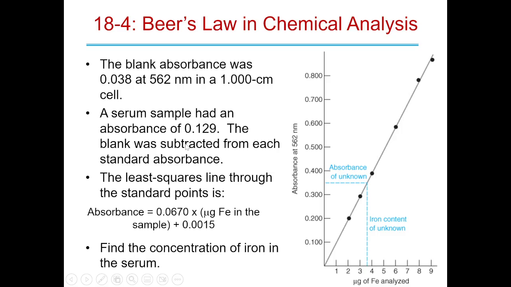The blank was subtracted from each standard absorbance, so we would literally take the absorbance we get out of the instrument minus the blank. The instrument does it automatically for us, actually. So the least squares line through the standard points would be this. Notice it's a linear line.